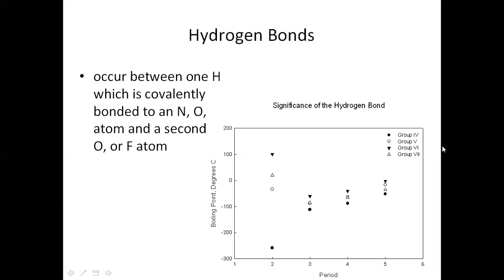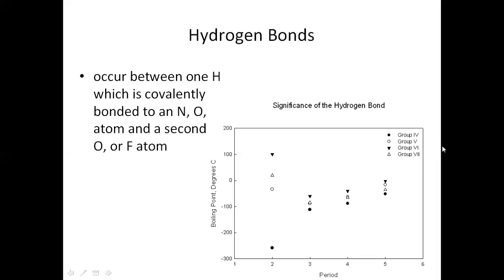In open circles, I have the group 5 elements: NH3, PH3, AsH3, and SbH3 for nitrogen, phosphorus, arsenic, and antimony. It is readily apparent that nitrogen behaves differently than the other 3 elements.